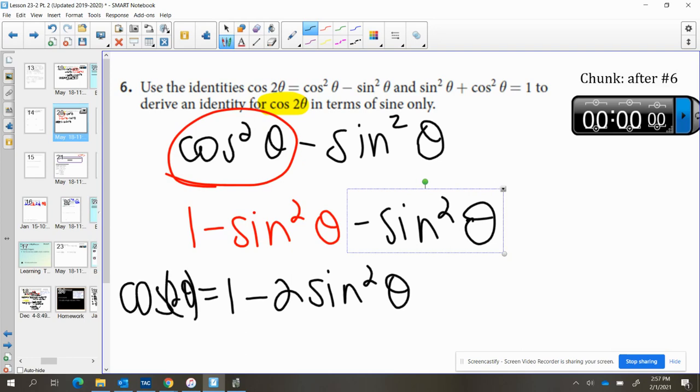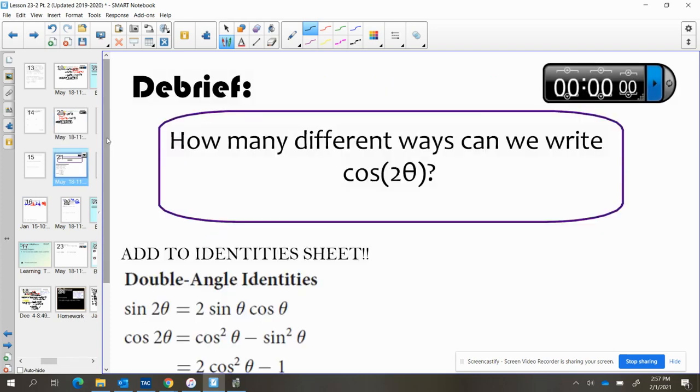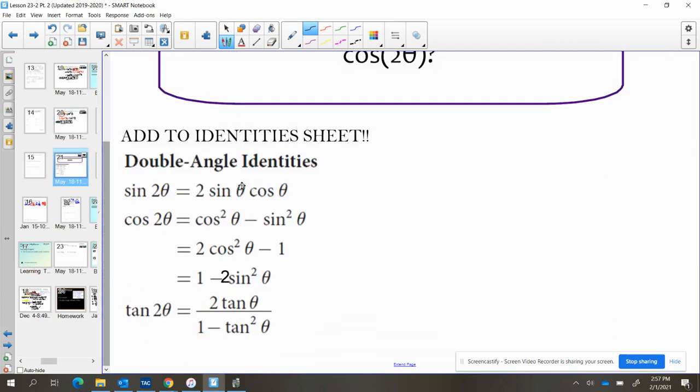So cosine of 2 theta has a lot of options that we can see here, okay? So that being said, you definitely want to write down your different ways. And again, the double angles, we only have one way to write down sine of 2 theta and tangent of 2 theta. Cosine, however, has a couple different options to write down. So you definitely want to have that list handy.